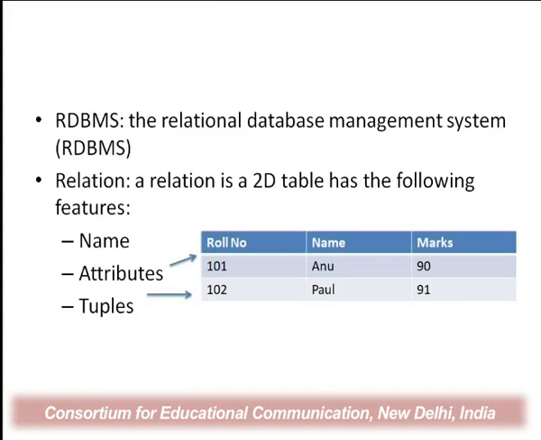In this example we can see that this is a student table. Now, what are the important characteristics or attributes of a student? It is roll number, name, marks, class, fees, and so forth. All these will become the columns. Then for each student you will need to store the data, so for each student you will create a single row.